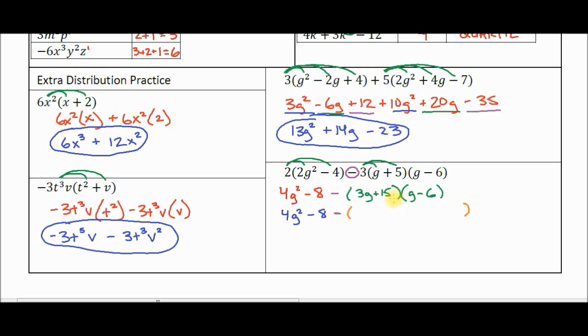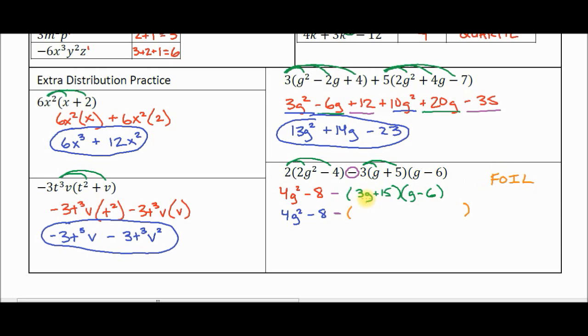You can use the other method, the grouping method, but I'm going to use FOIL right now to show you that other option that we talked about. So FOIL is going to be first terms, outside terms, inside terms, and last terms.